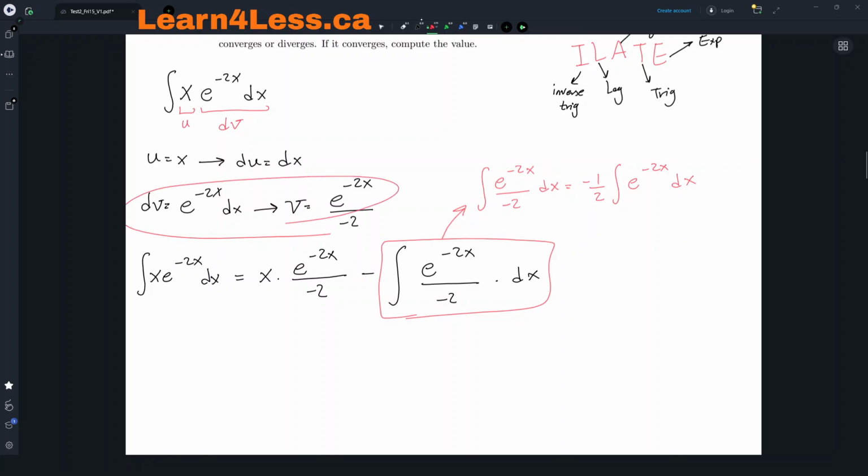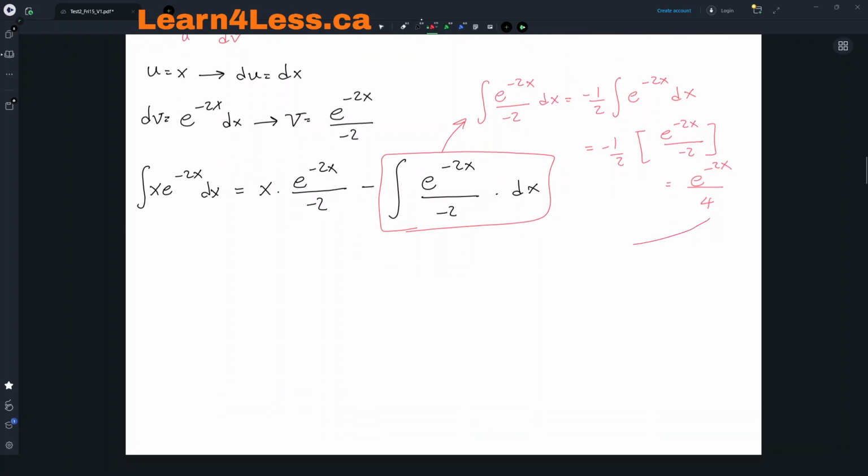We had the same problem here, and the integral of that would be e to the power of negative 2x over negative 2. So overall, the negative and negative cancel each other, the signs, and the 2 and 2 make it 4 in the denominator. So it would be e to the power of negative 2x over 4.